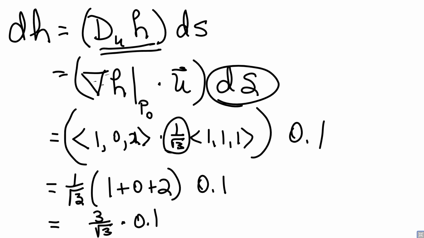Okay. And we can do an approximation of this. So we're going to get approximately, I'm going to round it to 4 decimal places, 0.173.